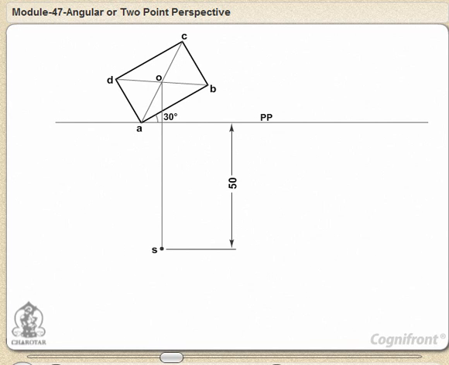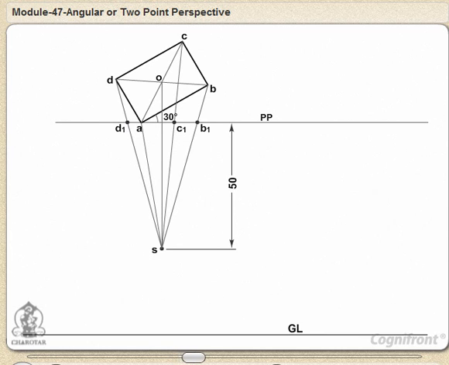Draw lines joining S with the corners B, C and D and intersecting PP at points B1, C1 and D1. Draw the ground line GL at any distance between PP and the horizon line HL 30 mm above GL.